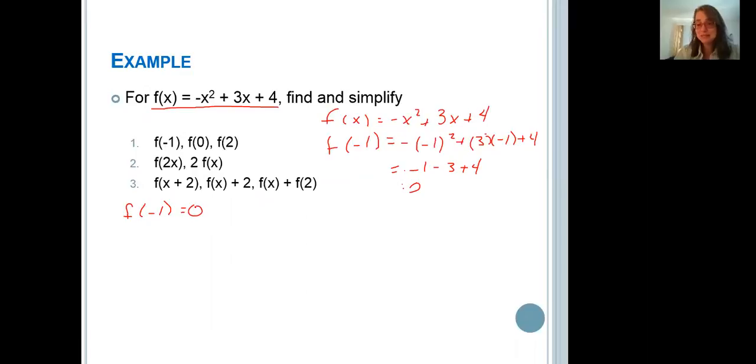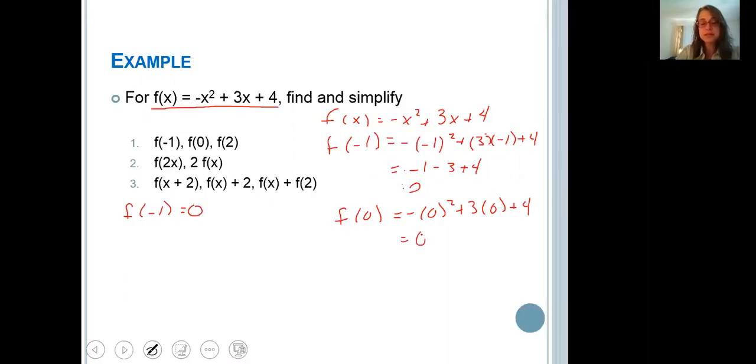That's not so bad. Let's do another one. Let's find f of 0. Again, we go to our function definition and replace all of the x's with zeros. So negative of 0 squared plus 3 times 0 plus 4. 0 squared is 0.